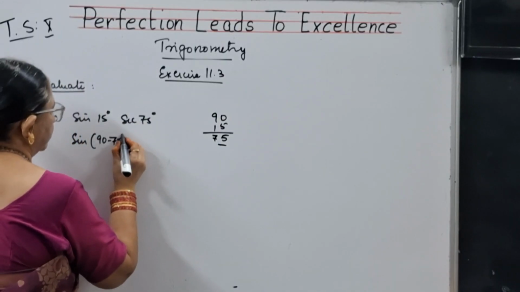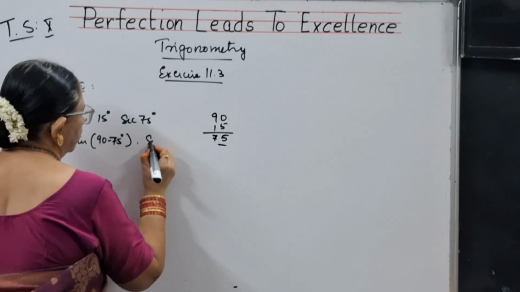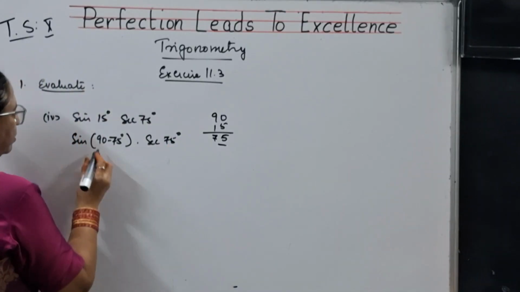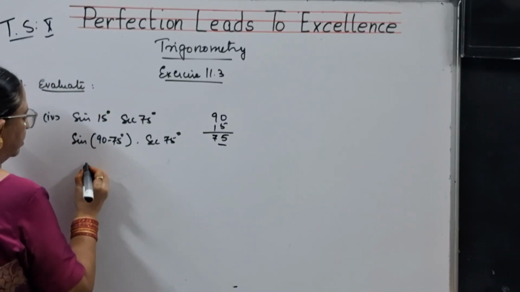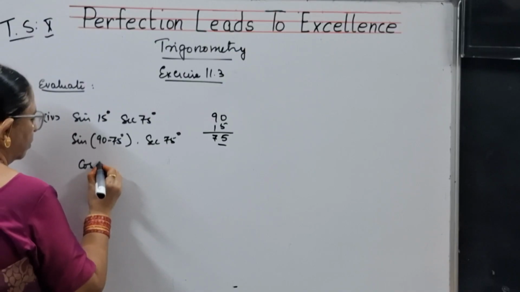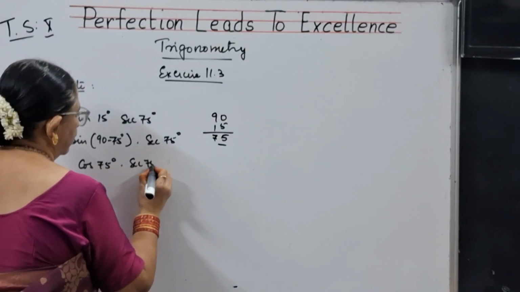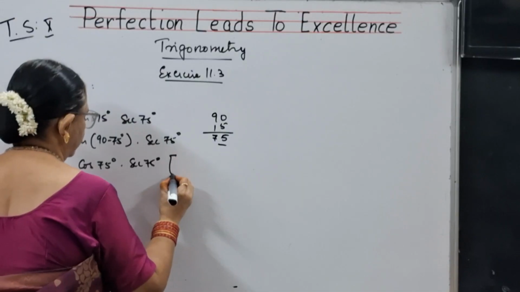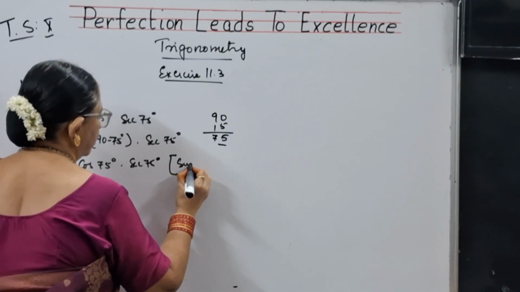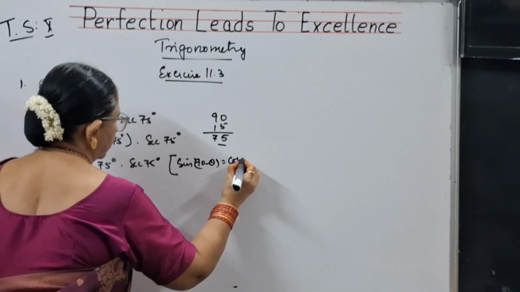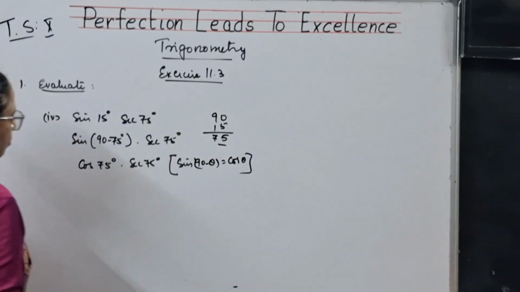Sine 90 minus 75 degrees into secant 75 degrees. So this is nothing but sine 90 minus theta is cos theta. Cos 75 degrees into secant 75 degrees. The reason is sine 90 minus theta is equal to cos theta. Basing on that, I have changed.